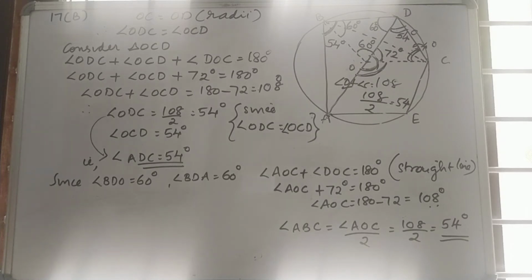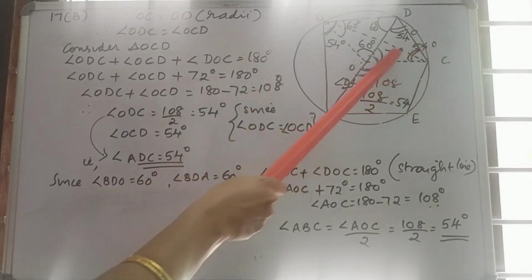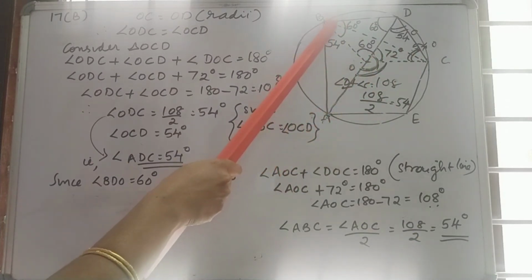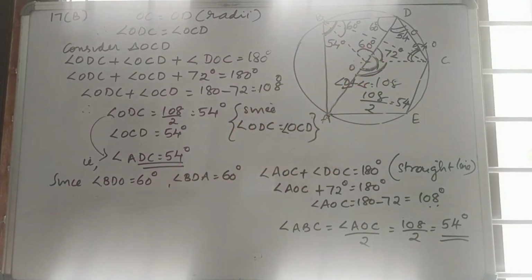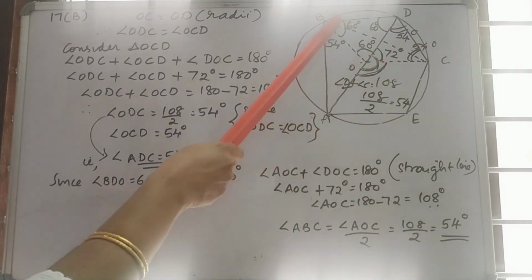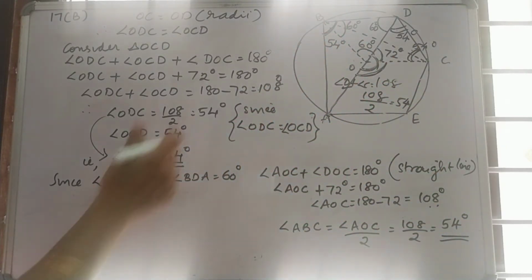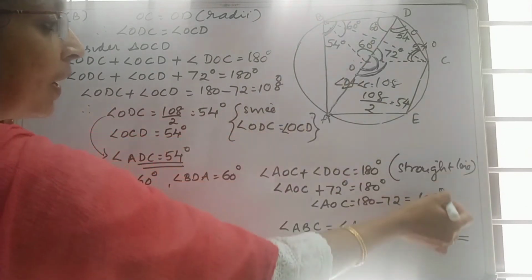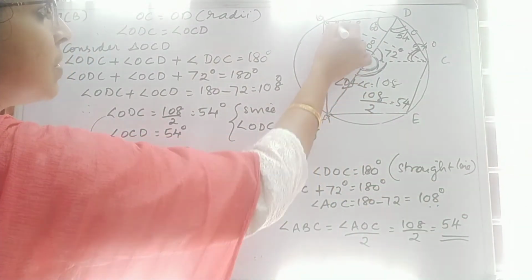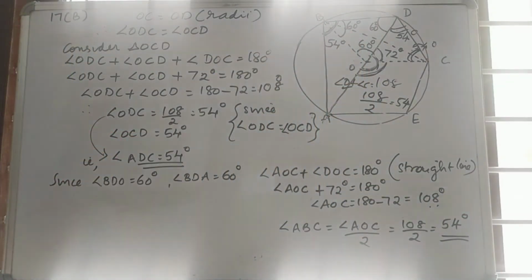AOC is the central angle. Look at ABC: AOC is a central angle on the arc AC. So ABC will be 108 divided by 2, which is equal to 54 degrees.